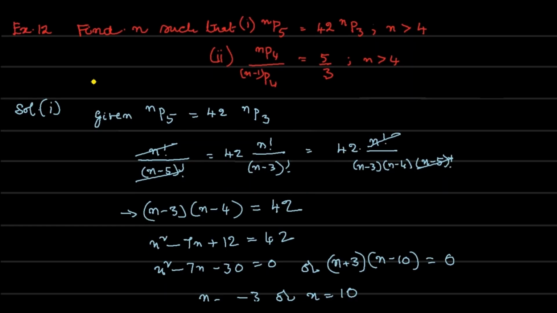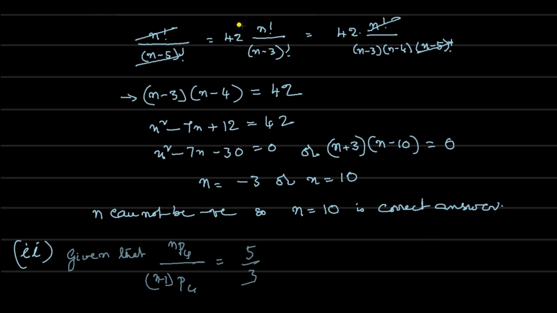Find n such that first, nP5 equals 42 times nP3. Second, nP4 by n minus 1 P4. Given that nP5 is 42 nP3. What is nP5? Factorial n by factorial n minus 5, equals 42 times factorial n by factorial n minus 3. You simplify.